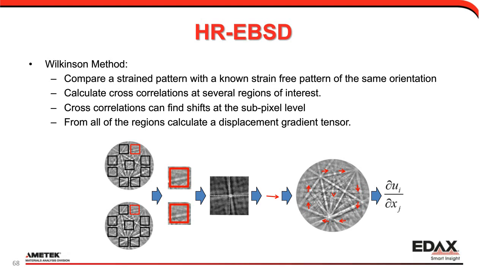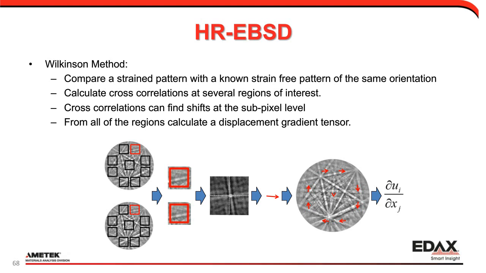We then look at all these squares together, all the different correlations together, to find the shifts from one pattern to the other at subpixel levels. And from that information, we can then calculate a displacement tensor to get an idea of what the strains are from the reference pattern to the measurement pattern.